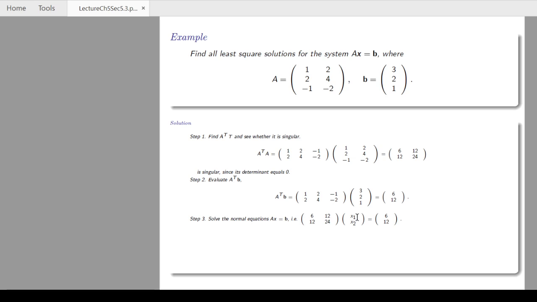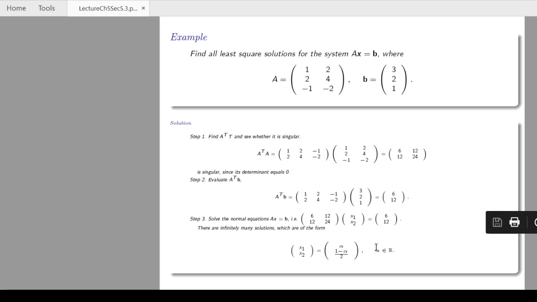So in this way, there are infinitely many solutions for the normal equations, and these solutions are of this form: a vector with 2 components, alpha and (1 minus alpha) divided by 2.